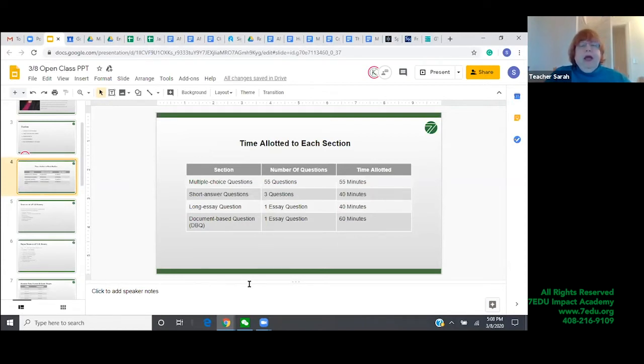Then finally, the document-based question, which is the DBQ, everybody's nightmare. It's 1 essay question. You're given 7 documents. They could be anything from an essay by a historian. It could be an actual document from the time period. It could be an article from the time period, a diary, journal entry.